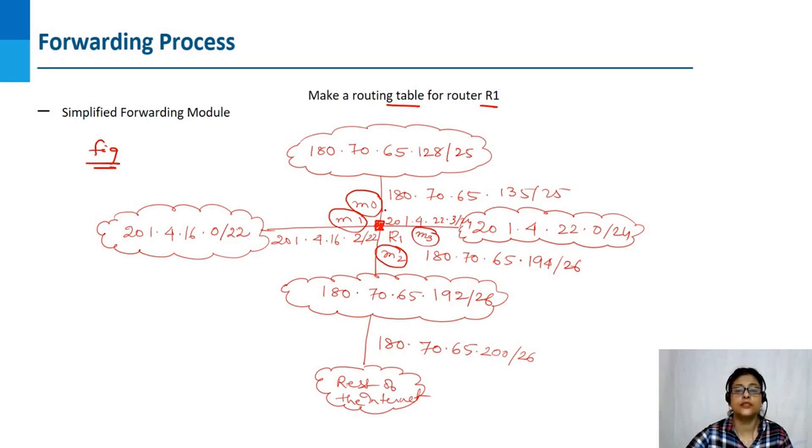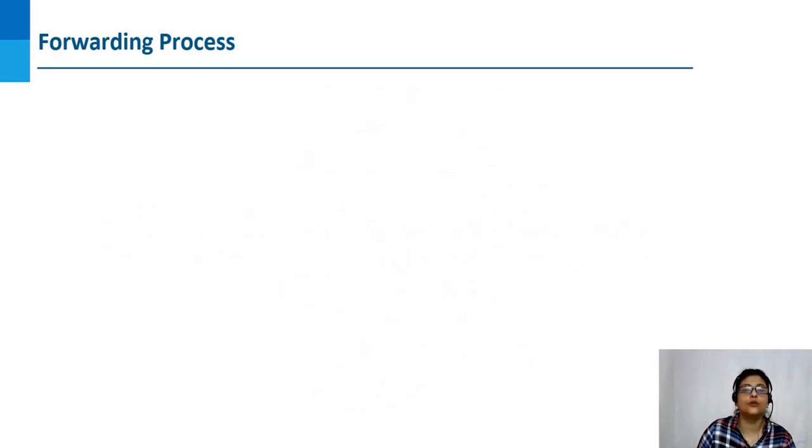Through these interfaces, the router is connected to 4 different networks. With M0, it gets connected to this network having this address. With M1, it is connected to this network. With M3, it is connected to this network. And with M2, it is connected to this network. And this network gets connected to the rest of the internet through this interface. You have to make a routing table for R1. Let's see how to do it.